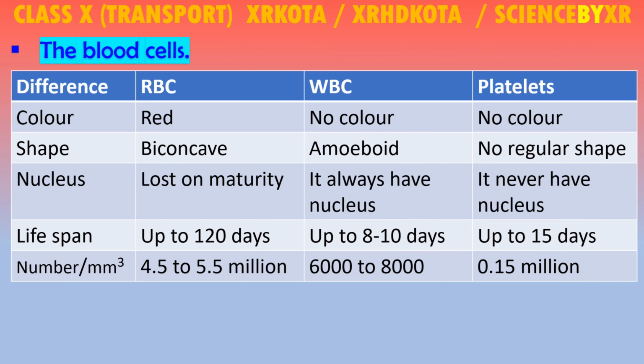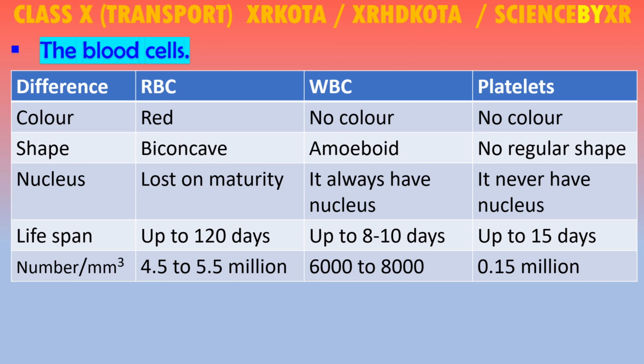Let us talk about numbers, that is how many RBC there are in 1 cubic millimeter. 1 cubic millimeter means, if you take the 1 millimeter mark on your scale, that is 1/10 of a centimeter. You can see that much length, breadth, and height is 1 cubic millimeter. That is far less than even one drop of blood.